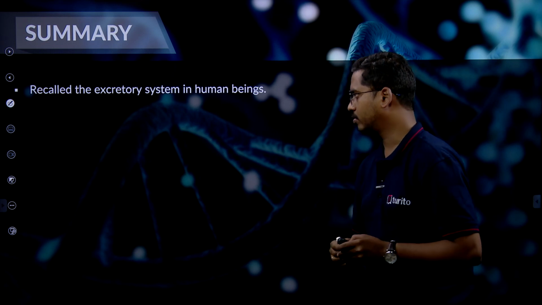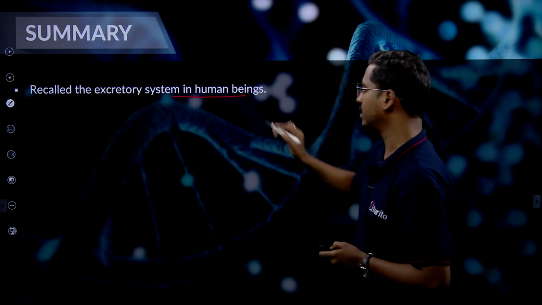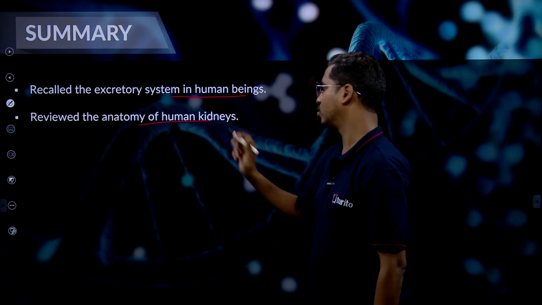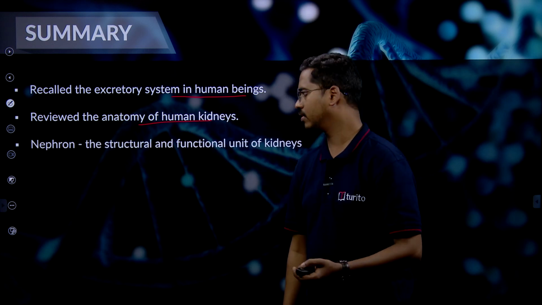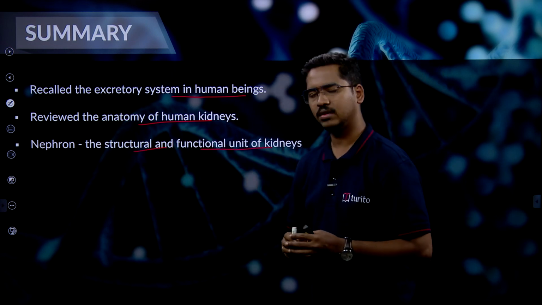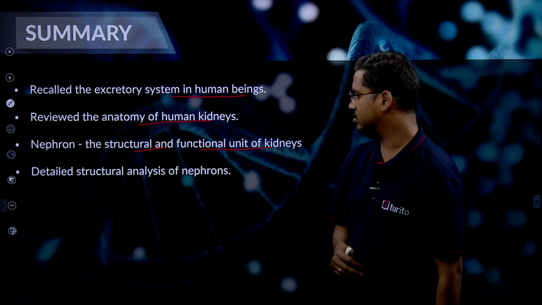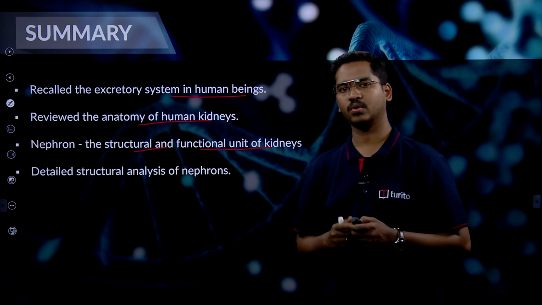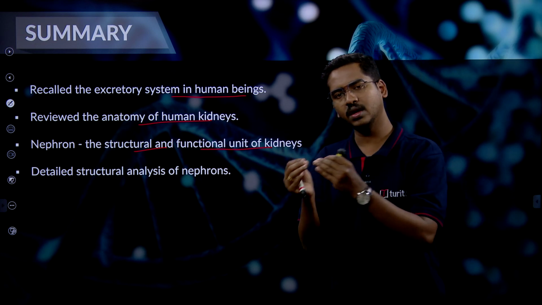Now, let us recollect the topics we have done so far. So, we recalled the excretory system in human beings based on the previous session, after which we reviewed the anatomy of the human kidneys, that is the different parts of the kidneys, following which we saw the nephron, the structural and the functional unit of kidneys, that is the objective of this particular session. So, we analyzed its structures in detail, we understood the labeling and its parts, where they are located in the kidney, whether it is in the cortex region or in the medullary region.